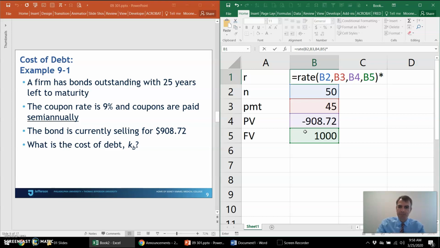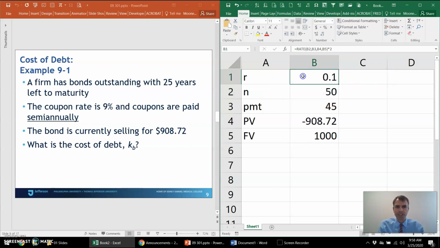So let's double that to make it an annual yield to maturity, because remember, the number of periods and the coupon payment are semi-annual. So the rate function will output a semi-annual discount rate. Multiply that by 2 to annualize it, and that'll be the annual yield to maturity. And let's see what comes out. I get 10% or 0.1.